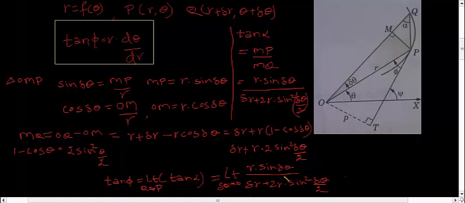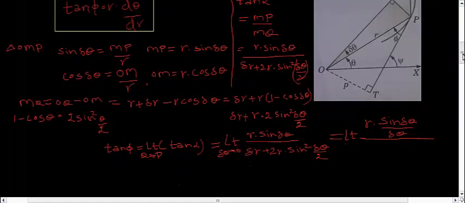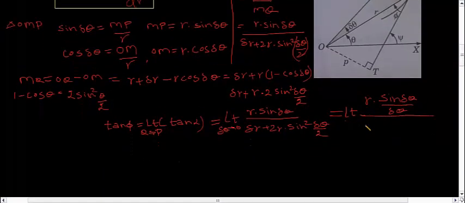Now this can be written as limit of r into sine delta theta divided by delta theta, divided by delta r divided by delta theta.